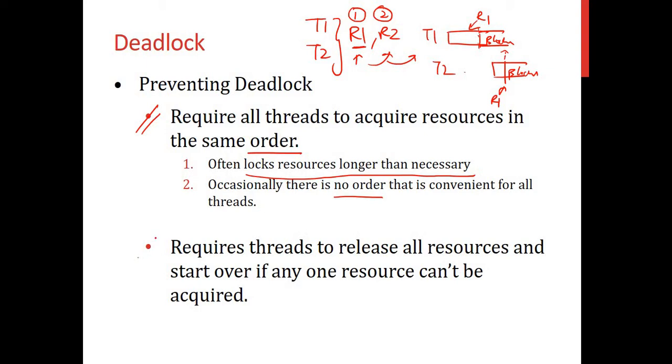And the second approach is this, where we have a mechanism so that if a thread realizes that any one resource cannot be acquired, then I must release all the resources and start over.